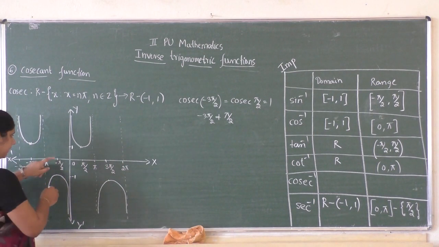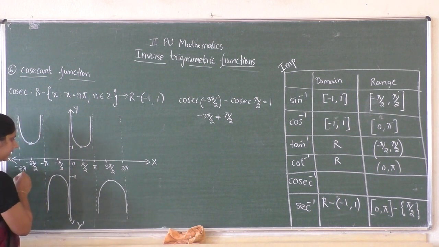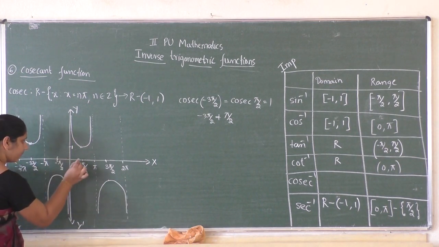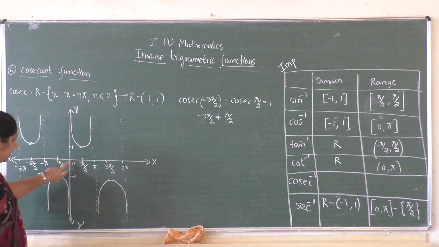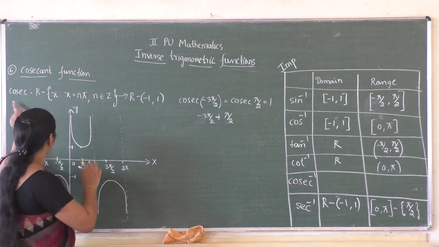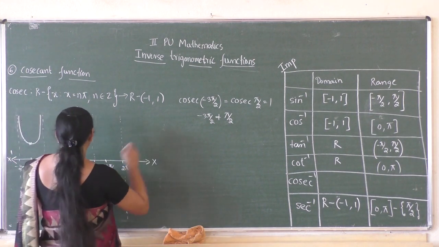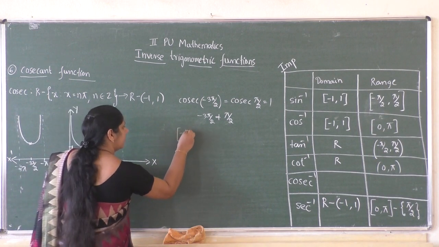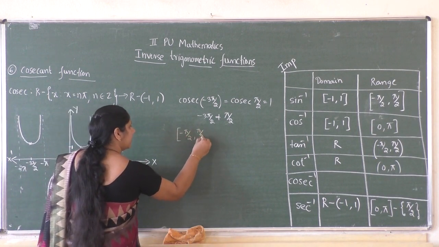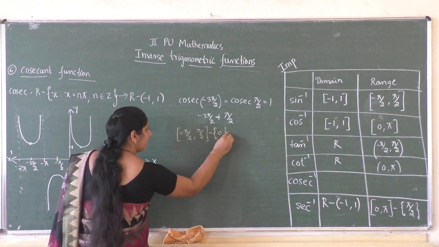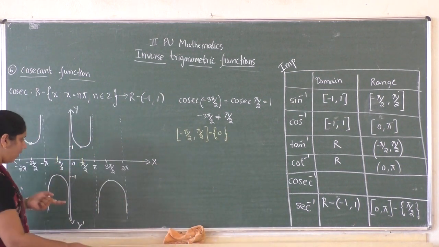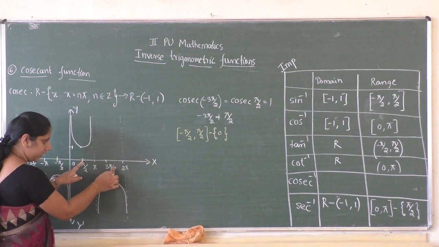See here, I will divide the interval like this: closed interval minus pi by 2 to plus pi by 2, but in between, at 0, the function is not defined. So I will divide the domain of cosec like this: closed interval minus pi by 2 to pi by 2 minus 0, or pi by 2 to 3 pi by 2.